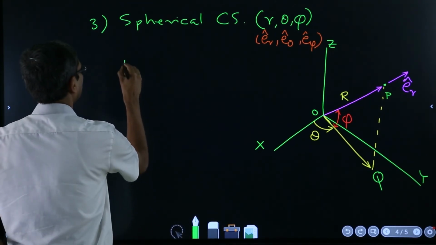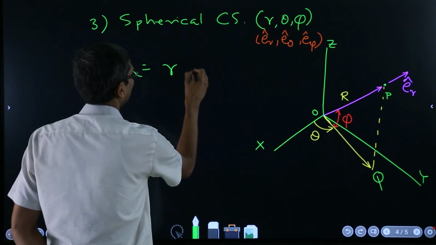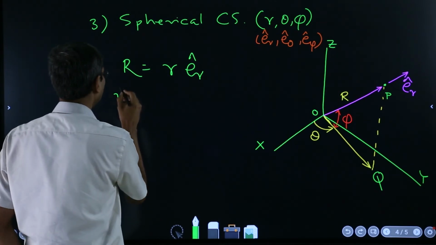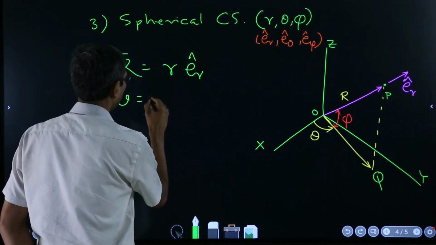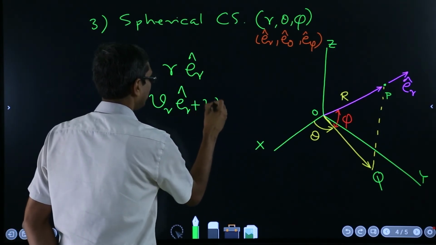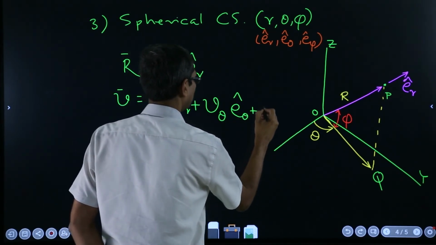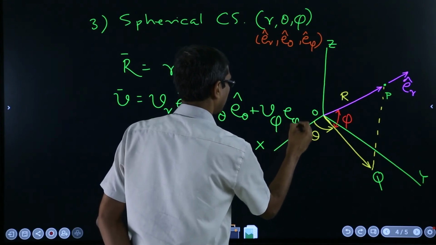the r vector as r times e_r, and we are not deriving them, the velocity will come something like v_r e_r plus v_theta e_theta plus v_phi e_phi.